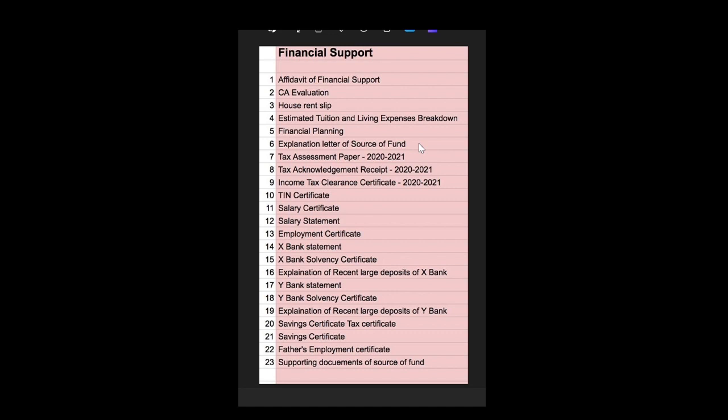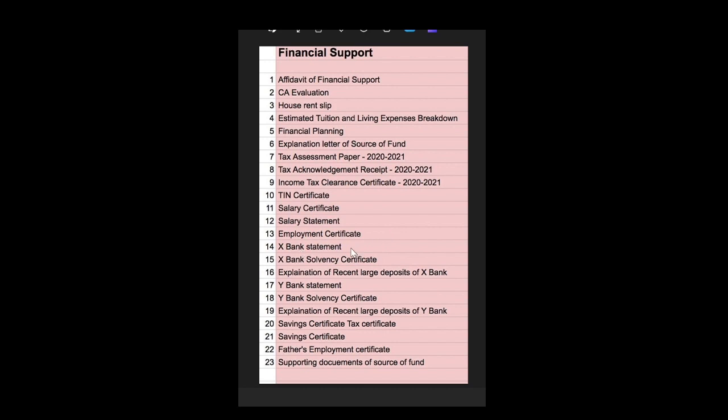Then tax papers, income tax clearance certificates, TIN certificate, TIN means tax identification number certificate, salary certificate, salary statement means bank statement where salary goes, employment certificate means the certificate that shows that you are employed in the existing organization, and bank statements. Yes, I again tell you, at least 4 months from now.